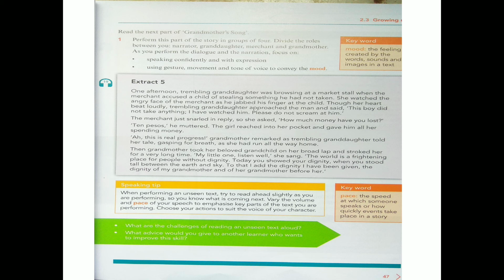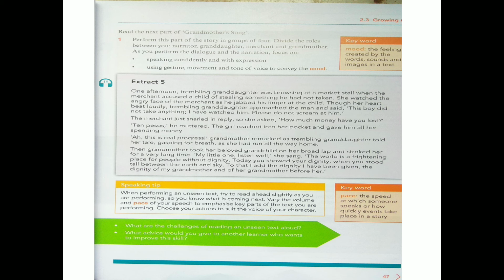Okay, now you won't be able to use movement there, but of course, your tone, yes, you can change it according to the person. Okay, the mood, the feeling created by the words, sounds, and images in a text. So how you're feeling then, if you're sad or you're happy, according to that your tone will change, right?